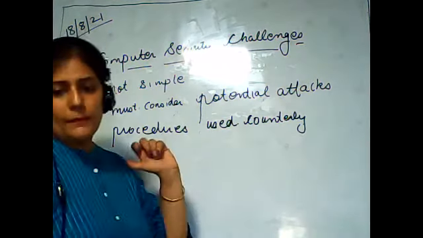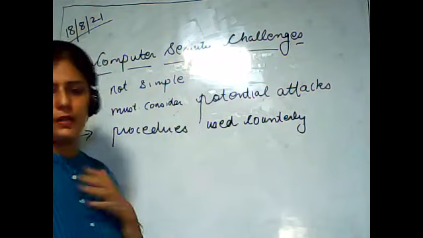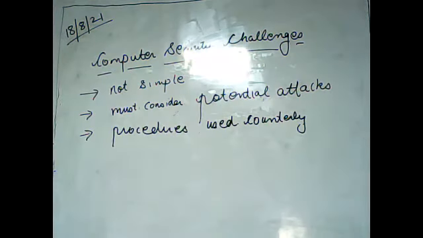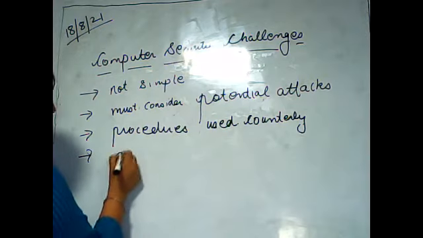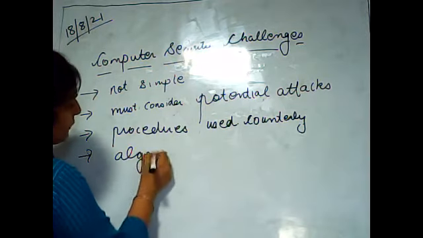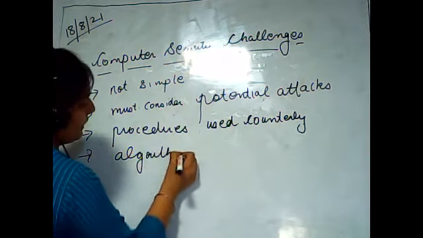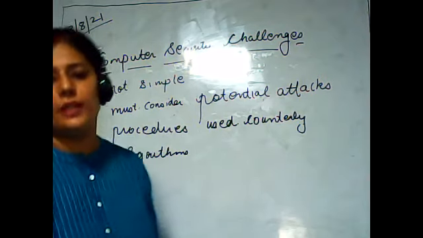That means whatever the procedure that we want, how we can develop all those things, that is being referred with this part. Okay, next, it involves so many algorithms. So why is it difficult to implement this security part? Because the computer system consists of so many information systems, and an information system can have so many different algorithms.